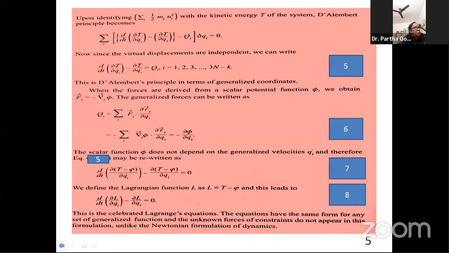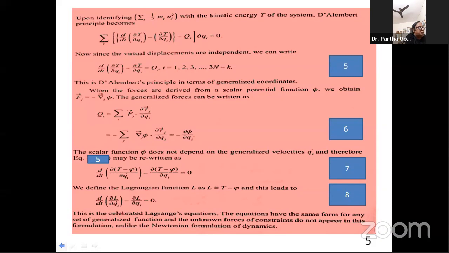Then you have d/dt of ∂L/∂q̇, minus ∂L/∂q, which is equal to 0. This is your equation 8.